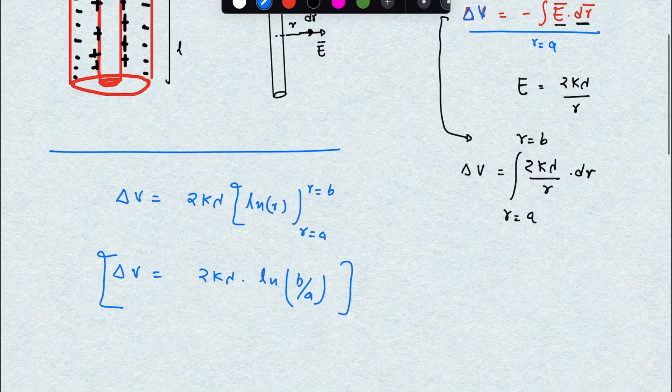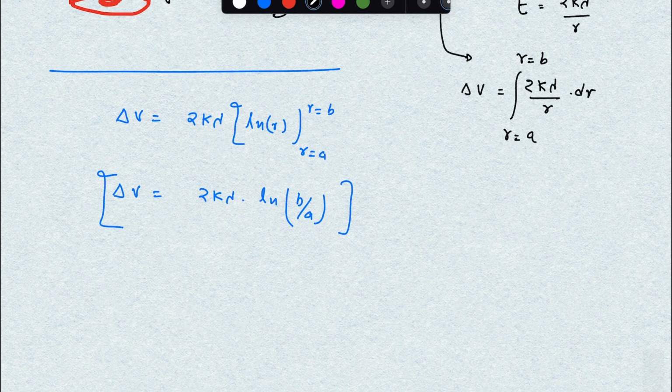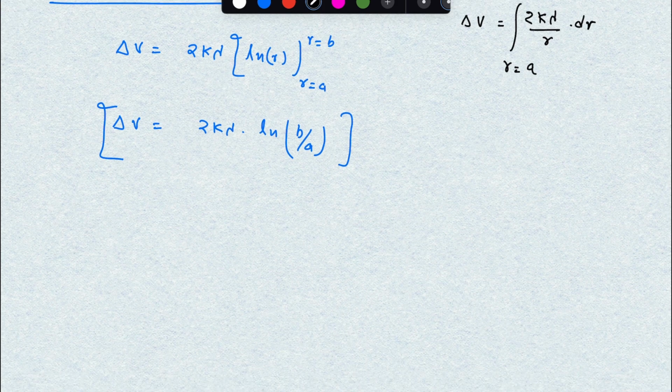Before that, let us simplify this one, because I need to remove the charge q. Capacitance is a property which doesn't depend on the charge; it depends on the property of the material and the geometry of whatever the conductor is. So we got this potential difference delta V equal to 2k and lambda value.